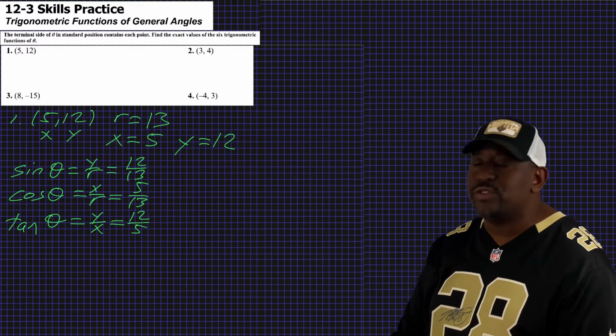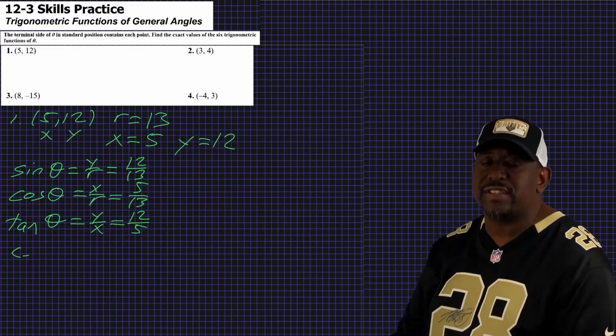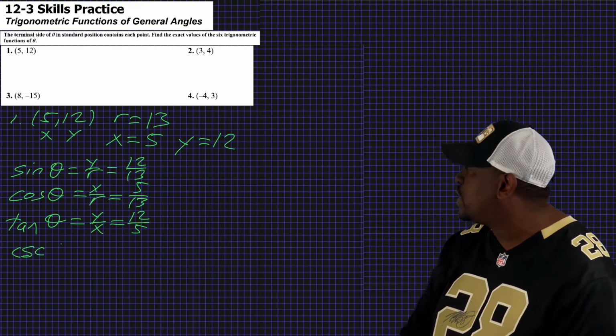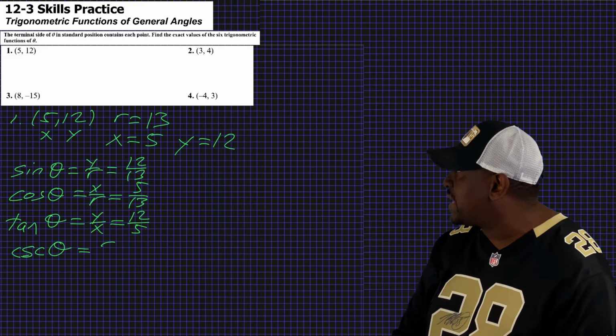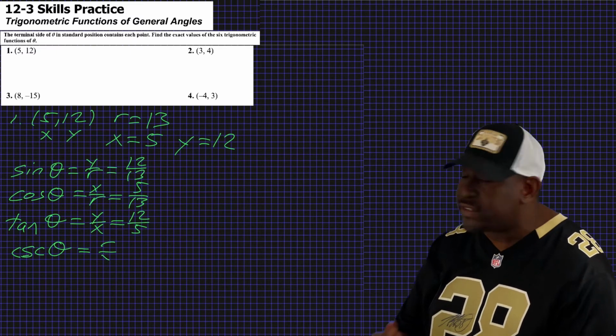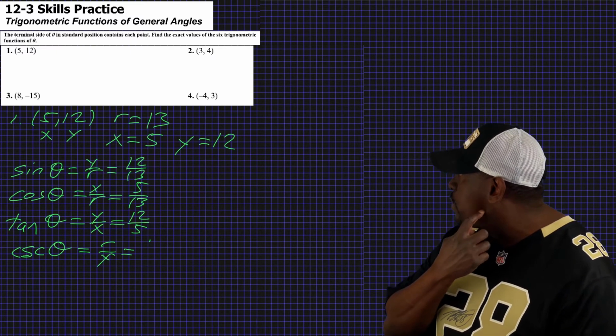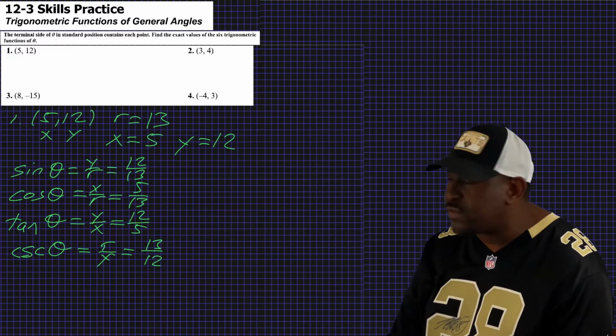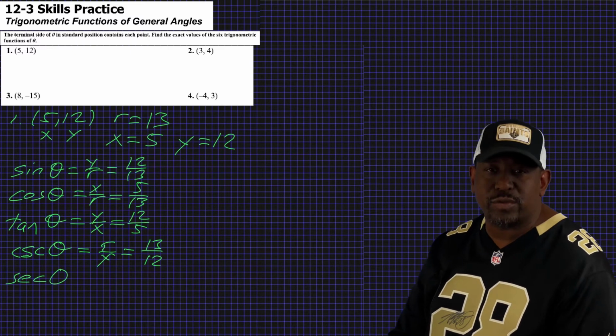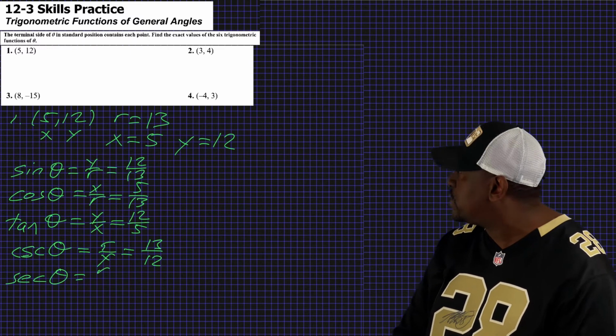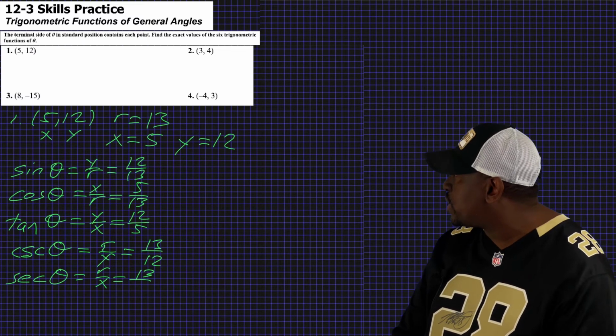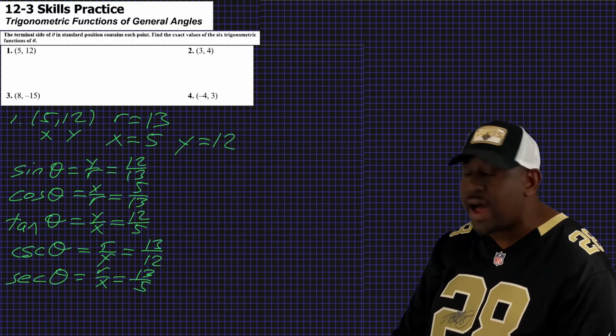So now we do the other 3 trig functions. They're the inverse of those. So cosecant theta is r over y. Instead of y over r, it'll be r over y, and that will give us a value of 13 over 12. The secant will be r over x, or we can take the reciprocal of cosine theta, which is 13 over 5.